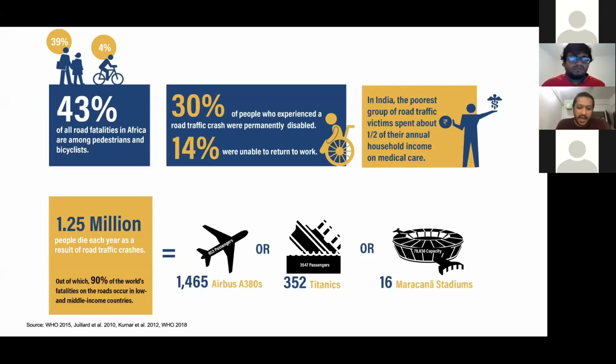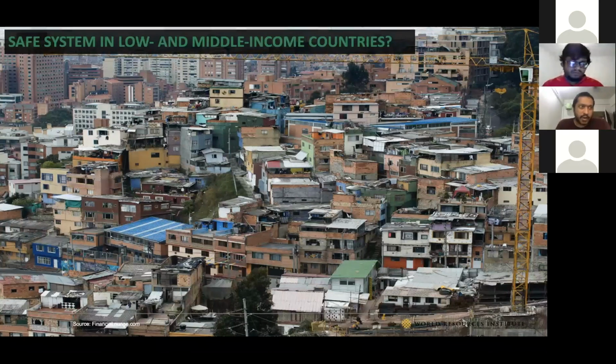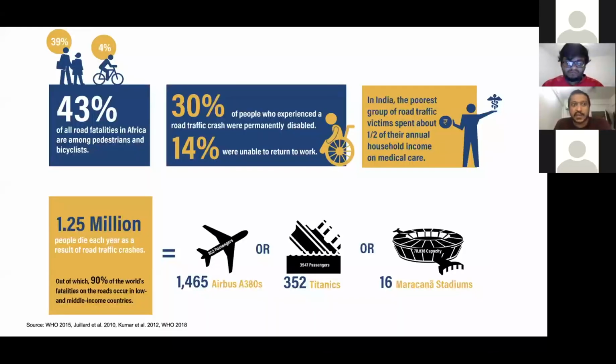So, talking about road safety or the lack thereof in low and middle income countries, some statistics that we've managed to pull out from some great studies: in Africa, about 43% of all fatalities are pedestrians and bicyclists.